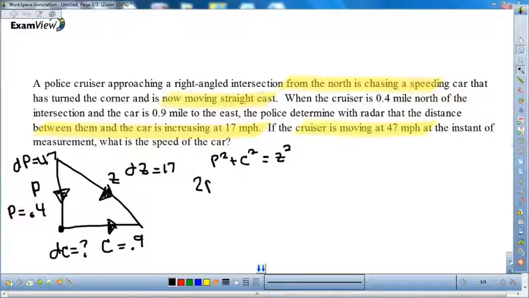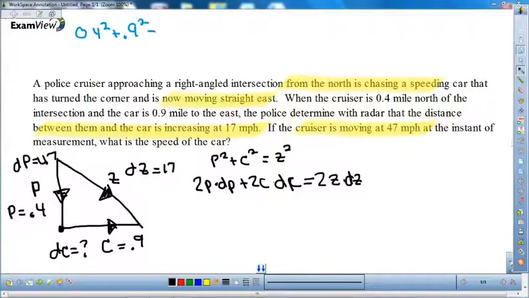So it's going to be 2P times the derivative of P plus 2C times the derivative of C is equal to 2Z times the derivative of Z. We're going to substitute all the information that we know, but one of the things is we don't know Z, and I'm going to need Z for my equation. So I'm going to go ahead and solve the Pythagorean theorem for Z. I'm going to have 0.4 squared plus 0.9 squared, and that's going to be equal to Z squared.